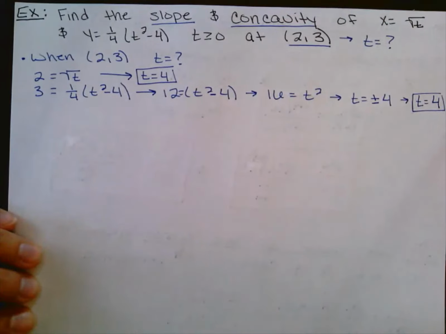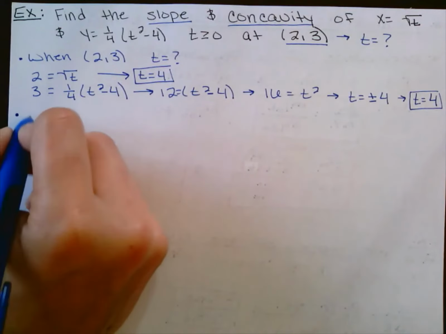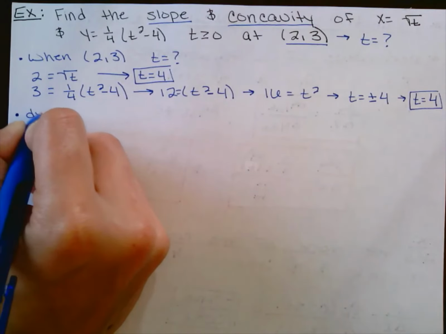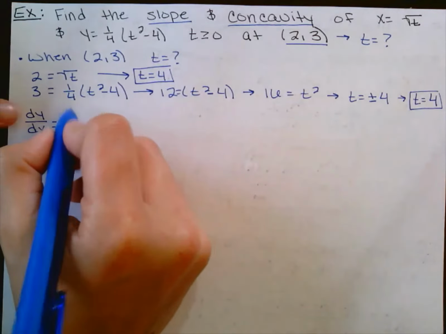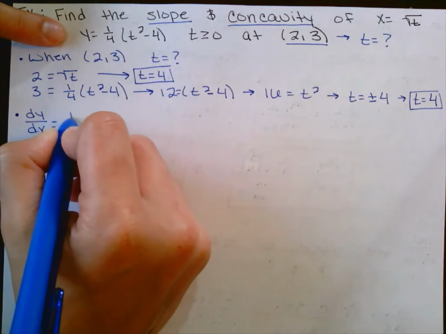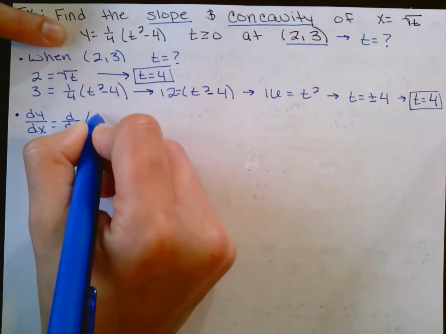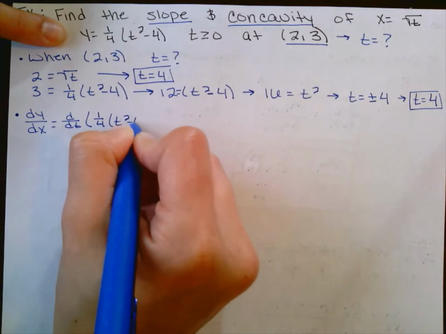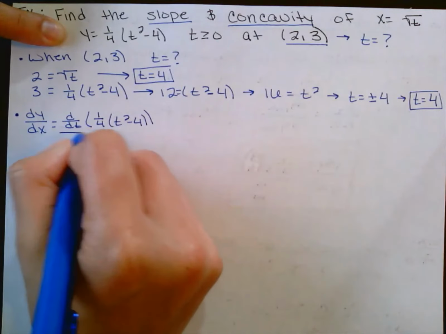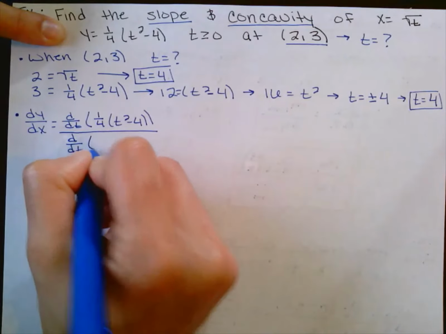So now that we found what our t is, I'm going to go ahead and move on and find the first derivative. dy/dx is going to be the derivative of y. Remember, you can skip this notation if you start to feel confident. Divided by the derivative of x.